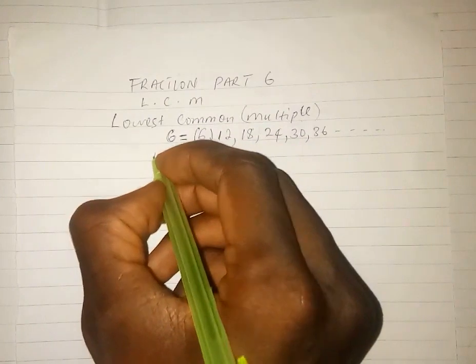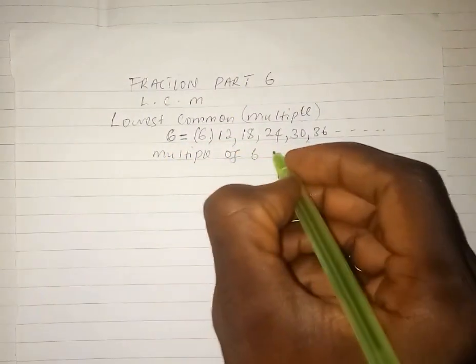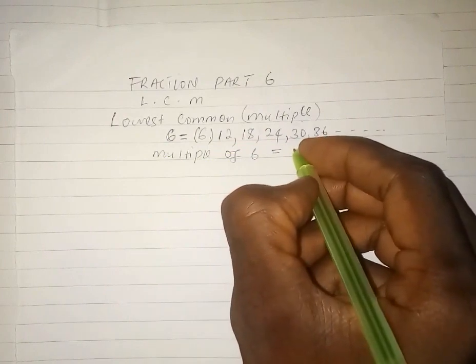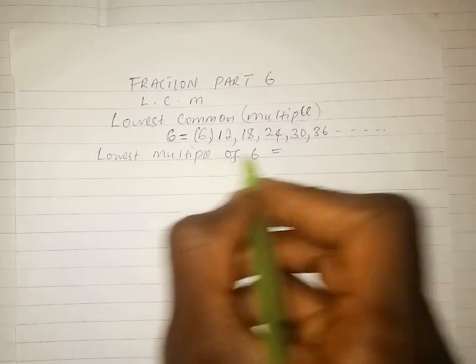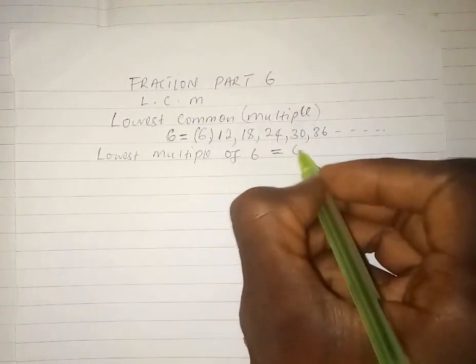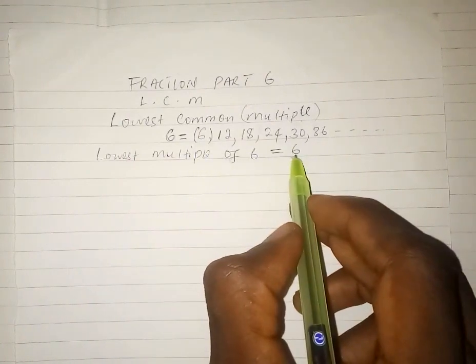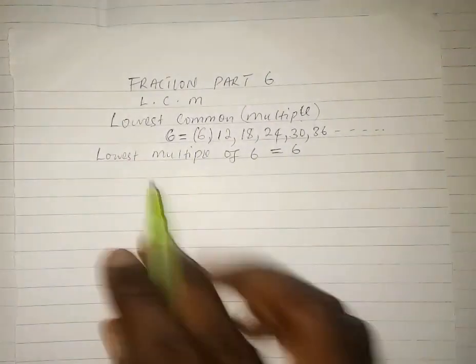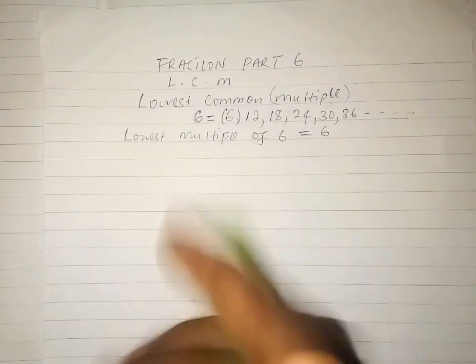So the lowest multiple of 6 is equal to 6. So that means among these numbers the lowest multiple of 6 is 6. If you know this, then you are done with half of this lesson.